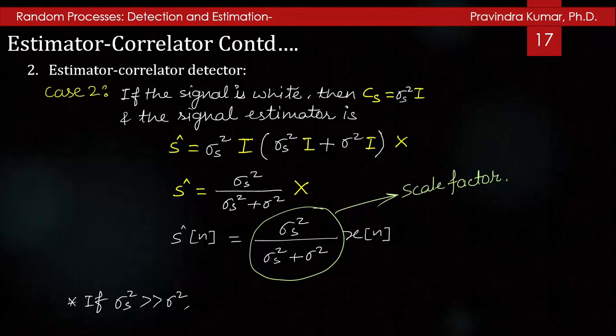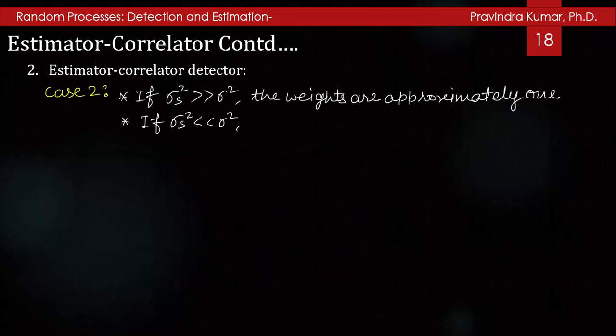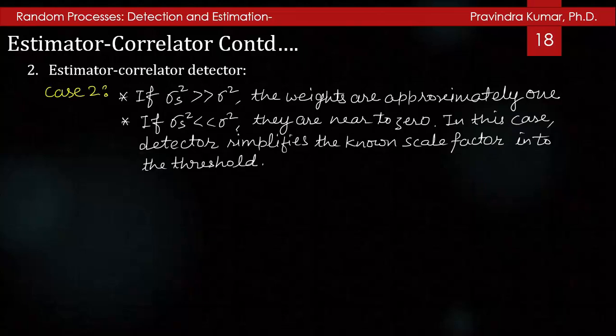And here, if sigma S square is much greater than sigma square, the weights are approximately 1. And when sigma S square is much less than sigma square, then they are near 0. In this case, the detector simplifies, with the known scalar factor absorbed into the threshold.